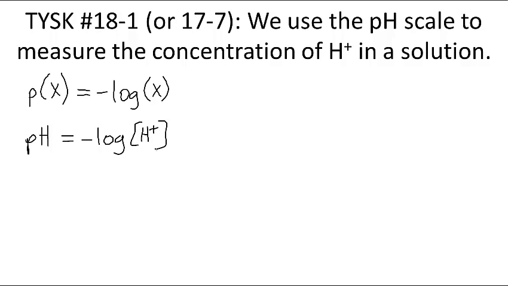Like 3.7 times 10 to the negative 8th, most people look at that number and they're like, that's grody. I don't want anything to do with it. But then you say, oh, the pH is 7.2. Oh, 7.2? Why didn't you say so? So this just takes really small numbers and changes them to numbers like 3, -1, 13, that people are more comfortable with.